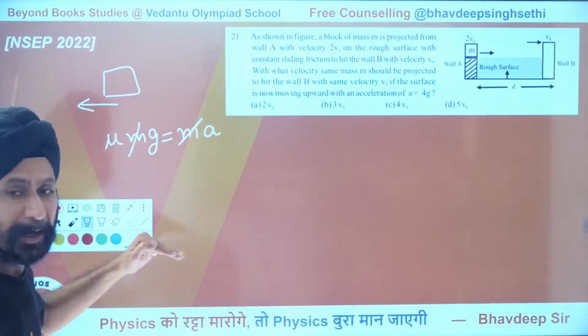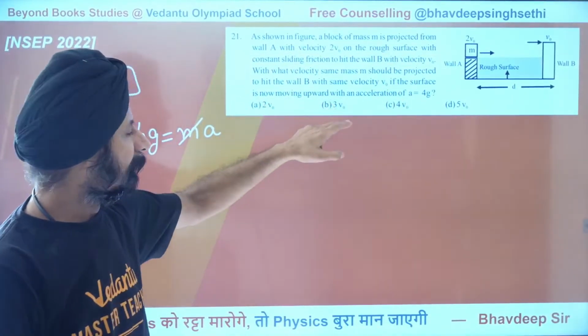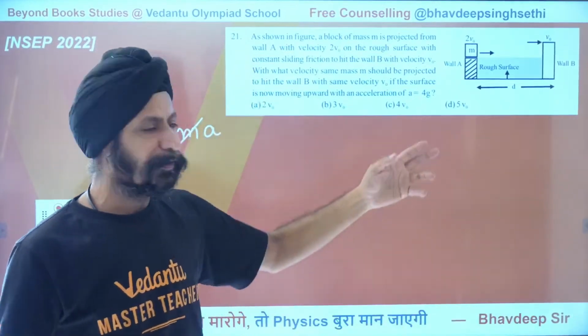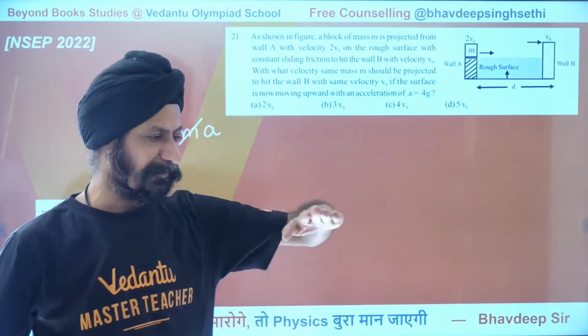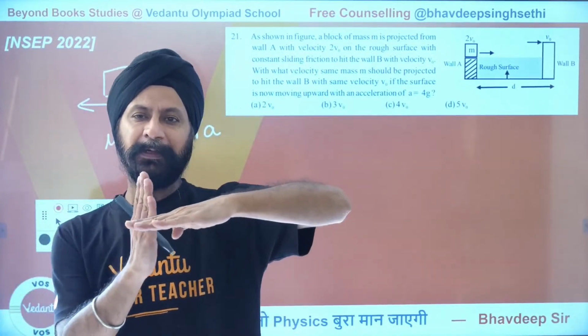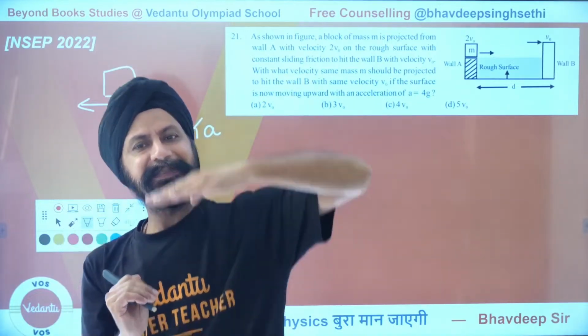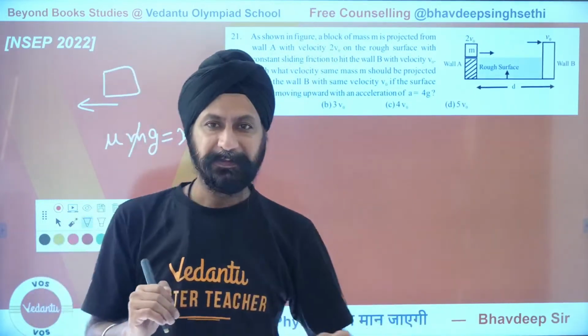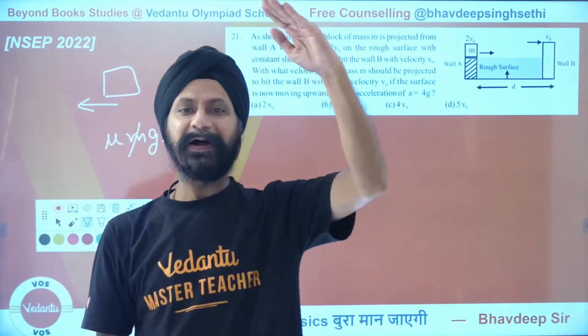But then if you accelerate up with 4 times the gravity, now very easy. You can do it verbally or you can make the free body diagrams and write the equation. It's your choice. But if it was not accelerating, the normal force is mg. But if you want to accelerate up with 4g, then you need an extra 4 mg to provide that acceleration.